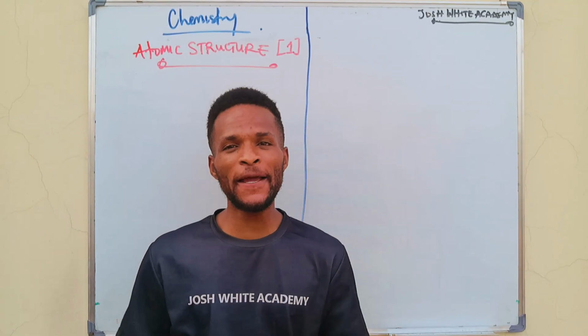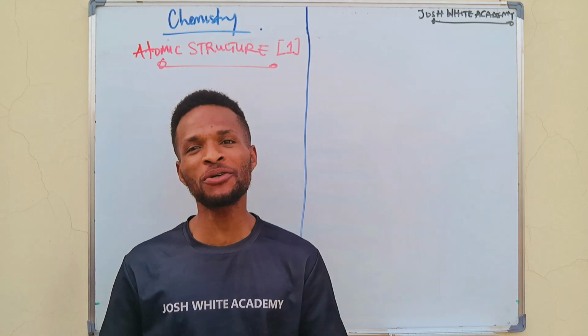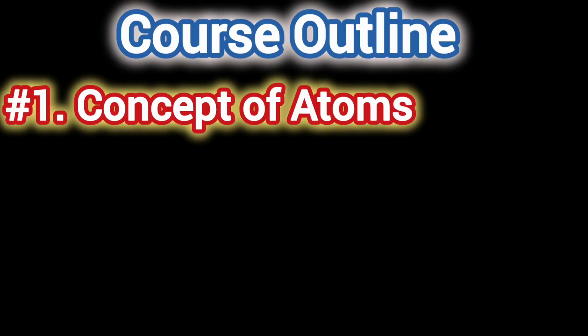In this class today, we will split the lesson into four different sections. In the first section, we will be treating the concept of atom, under which we will be expounding on Dalton atomic theory, its errors and modifications.